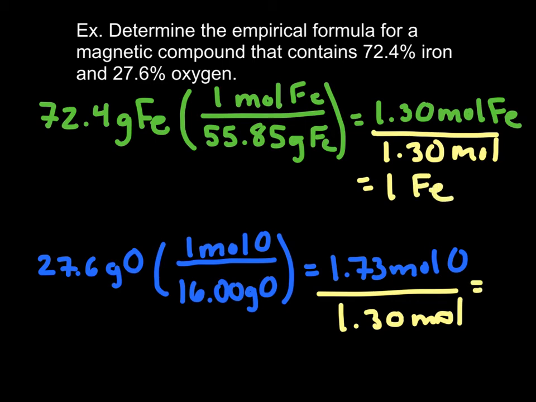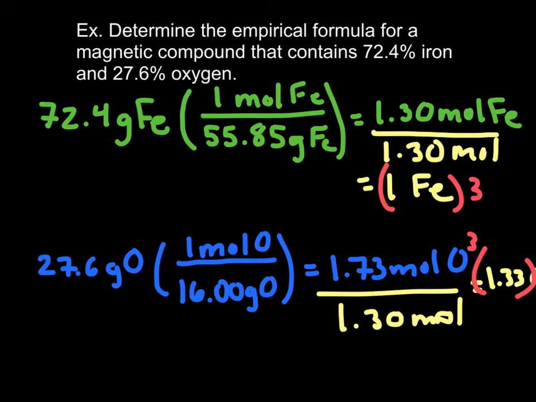However, for oxygen, we get 1.33. We cannot have 1/3 of an atom of oxygen. So this is one of our specials. In order to get rid of that special, we have to multiply both of the ratios by 3.